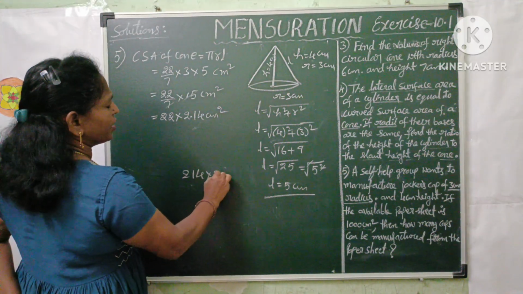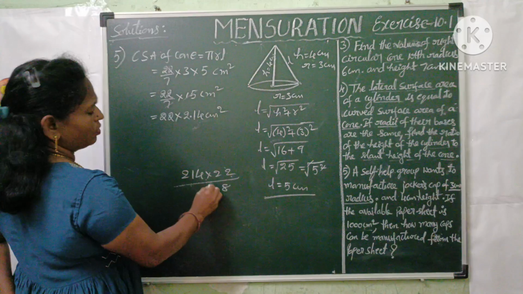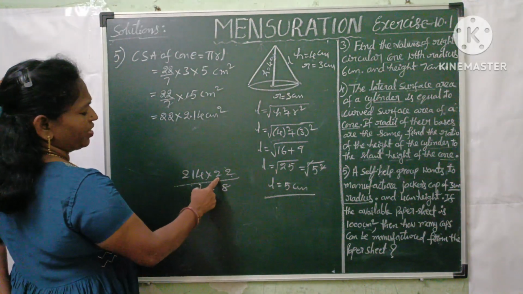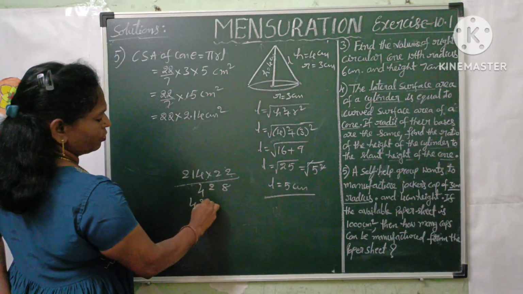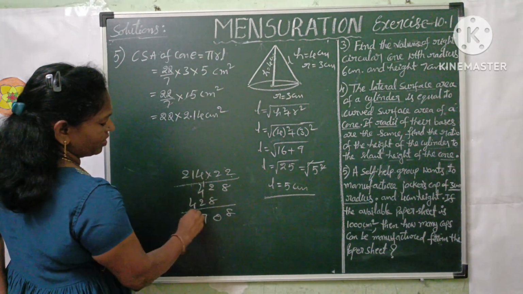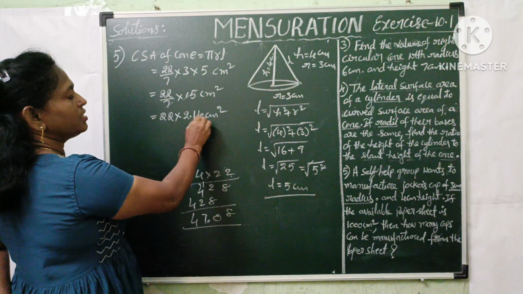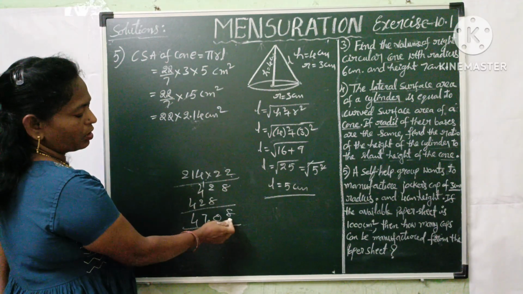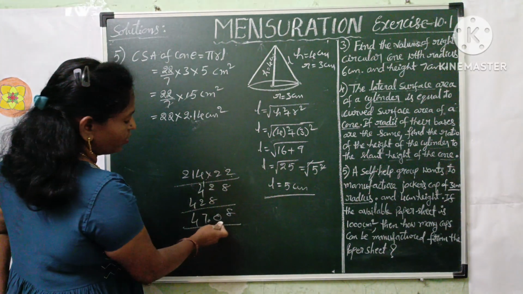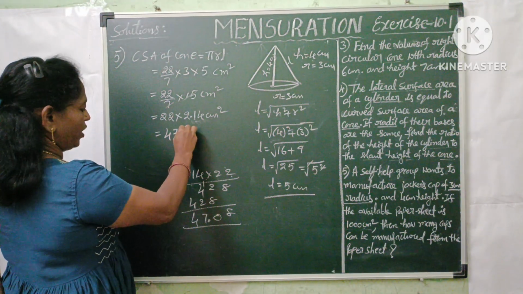Now multiply here: 214 into 22. 4 twos are 8, 1 two is 2, 2 twos are 4. Again the same, 4 2 8. So 4708. Now how many digits are there after the decimal? 2 digits, so we count digits from right to left, 2 digits. That is equal to 47.08.